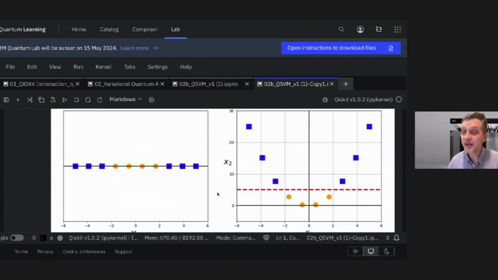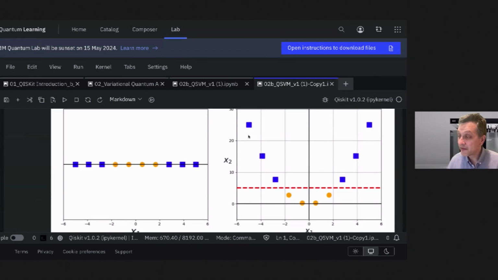So what can we do with quantum computers? With quantum computers, we can access a very big amount of dimensions in this Hilbert, in this quantum space. So we can define a transformation, a mapping from our data points to points in this high dimensional quantum space.